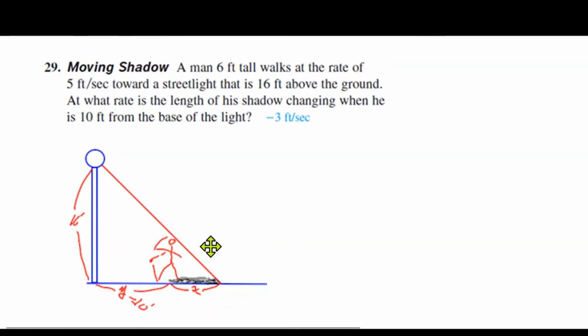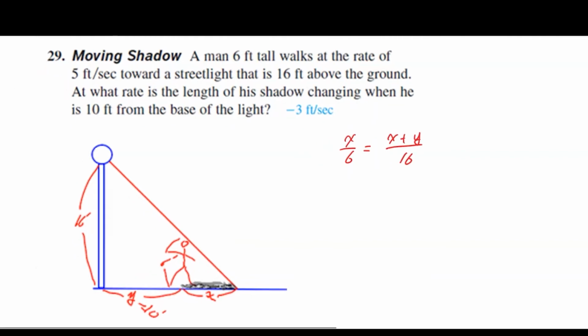Hopefully you don't shrink while you're walking. So we have x over 6 is proportional to, so I'm doing this side to that side, and then this side to that entire side, so we have x plus y to 16. So far with me? I mean, this is really an algebra 1 problem, not even calculus, because we can just do it with algebra 1 skills.